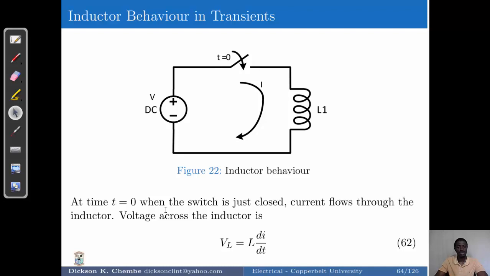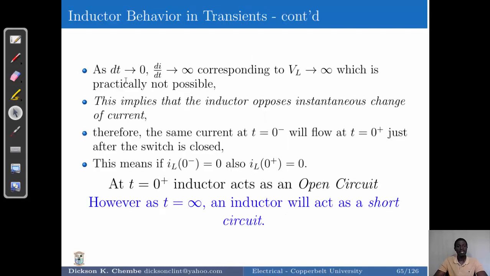Before the switch is closed, there's no current flowing through the inductor, and at the time when the switch is just closed, current flows through the inductor, and the voltage across the inductor may be calculated from VL equal to L di/dt. But as time tends to 0, the rate of change of current tends to infinity, which corresponds to the voltage across the inductor tending to infinity, which is not possible.